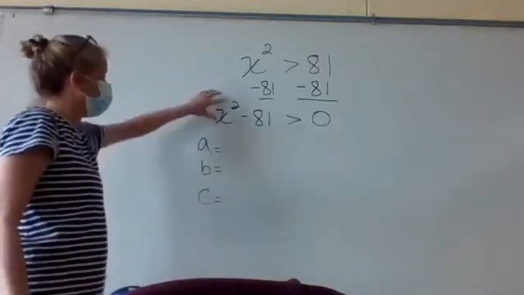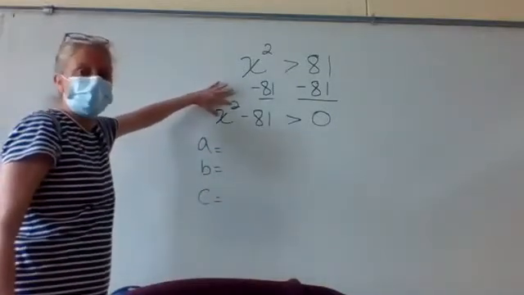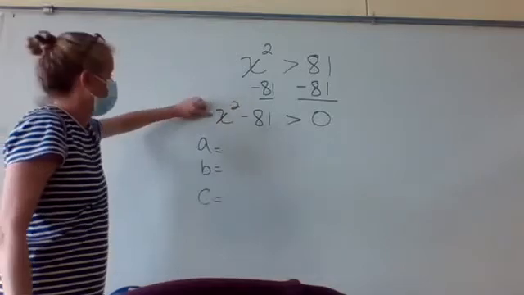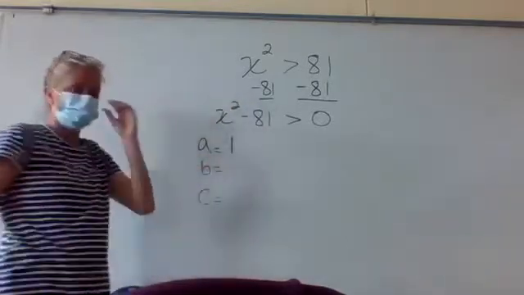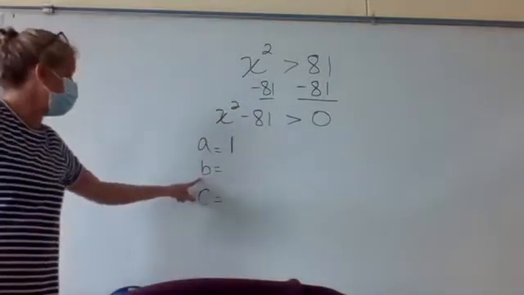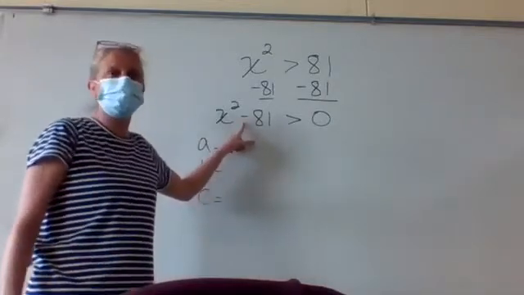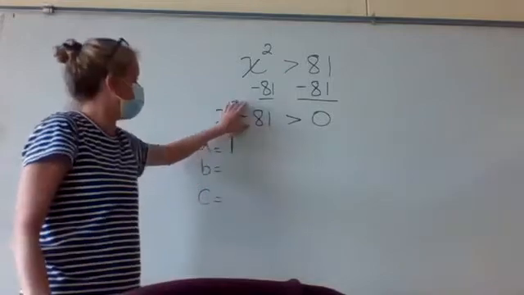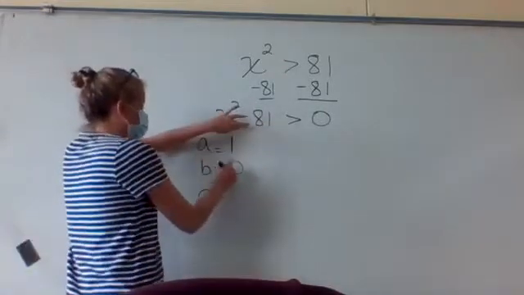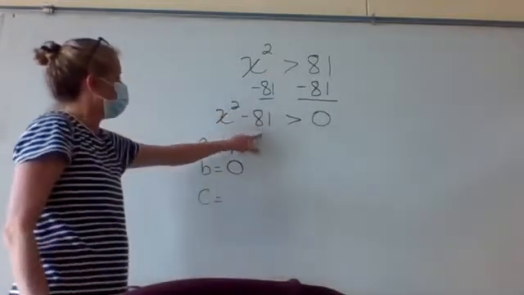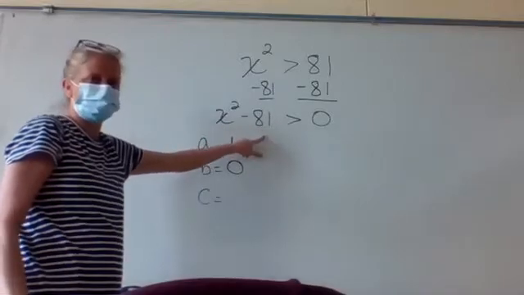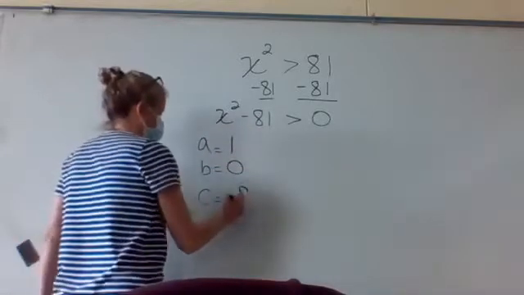A is always the number in front of x squared. So since I have an x squared, in front of it I have a 1. B is always the number in front of x. That's what's missing, right? There is no x in between here, so that's where your 0 is. Your C is always the constant, which is negative 81.